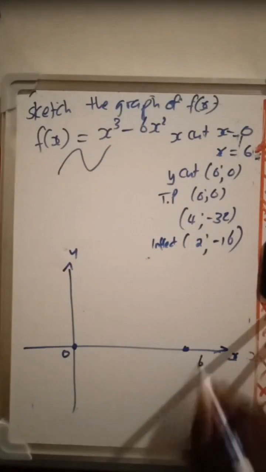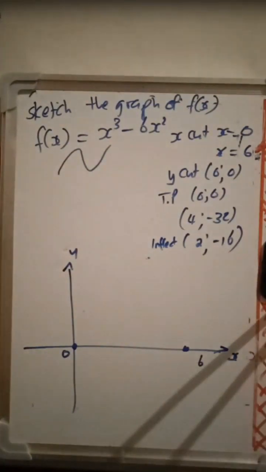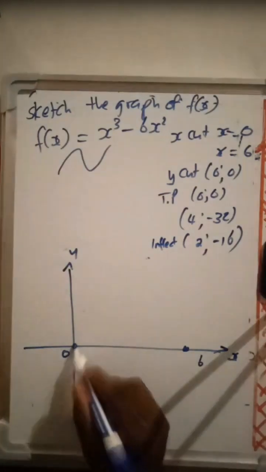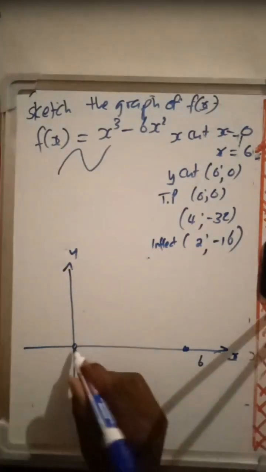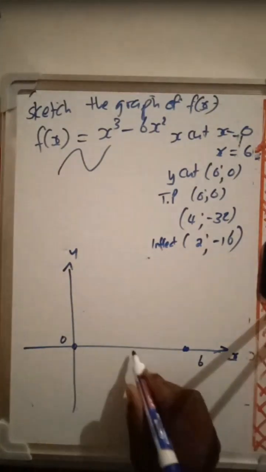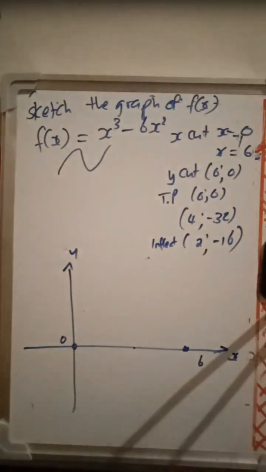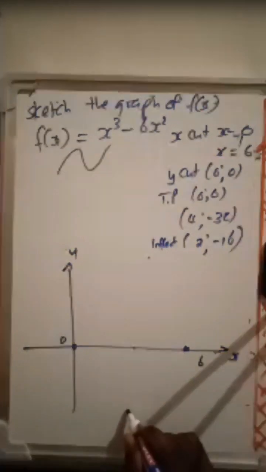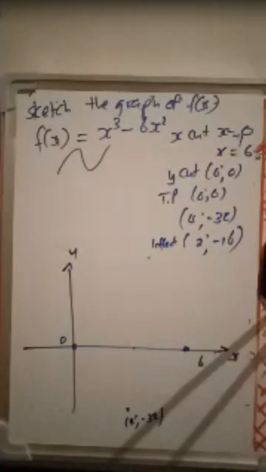The y-cut is (0, 0), which is also a turning point. Then maybe 4 is around there for the other turning point, and negative 32 is going to be down there. Then we're going to find the point of inflection down there.